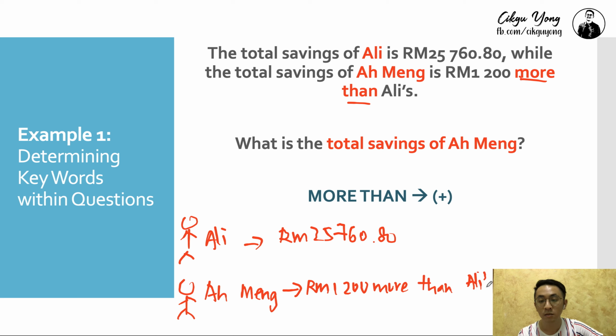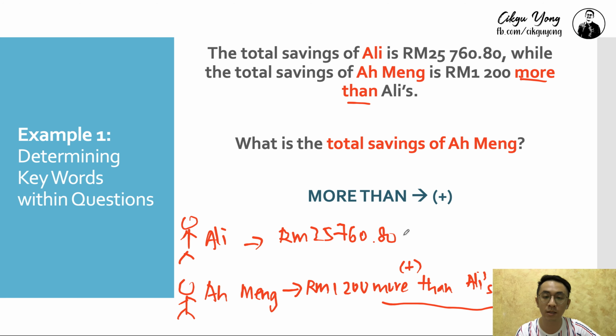Ali's. Basically, Aming's savings is not given directly to you, like how much his savings is going to be. It is stated as 1,200 ringgit more than Ali's. So based on this phrase "more than Ali's", you need to try your very best to visualize "more than". It means plus Ali's.